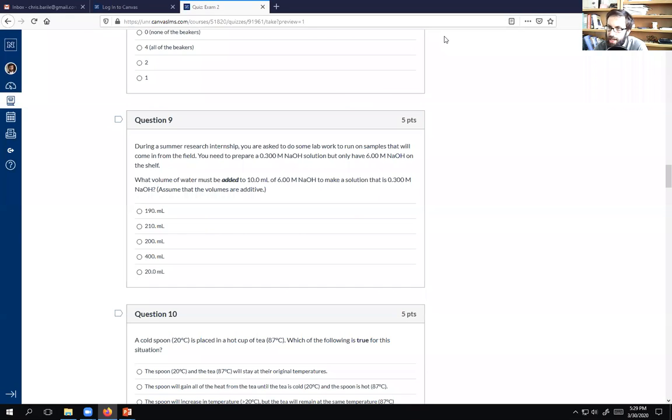All right, so this is a dilution type question. The dilution formula is M1 V1, where M is molarity and V is volume, equals M2 V2. You also could put initials and finals here.